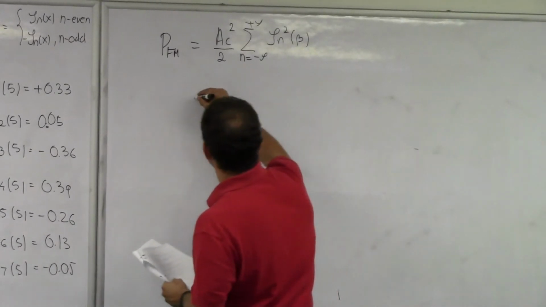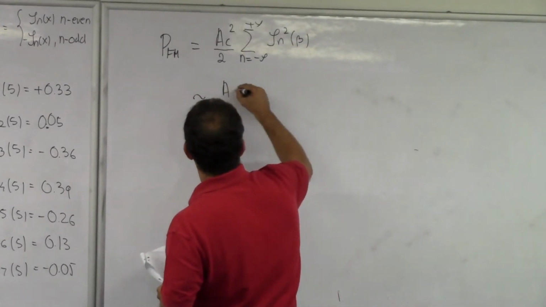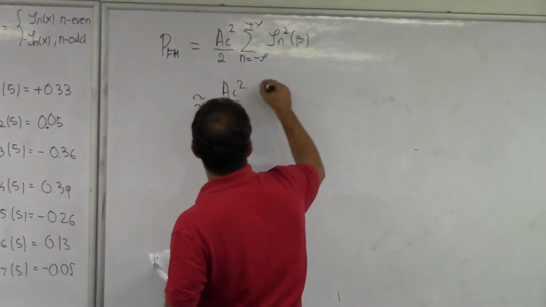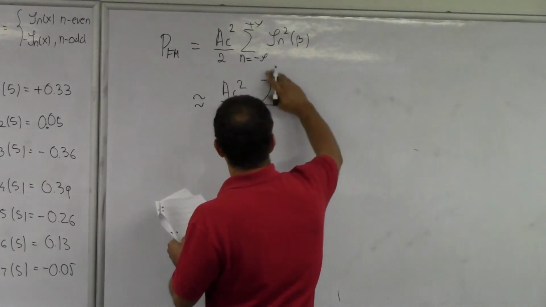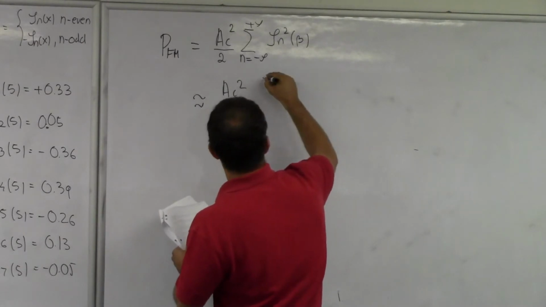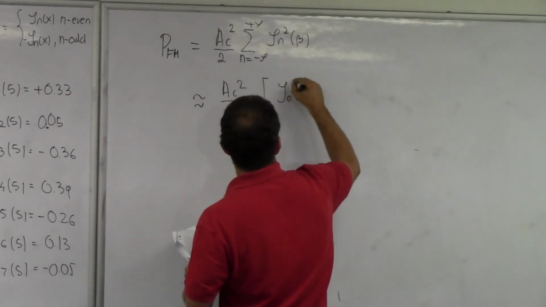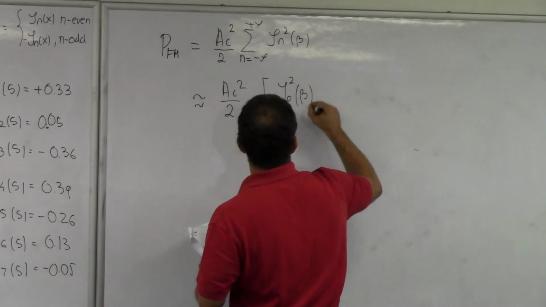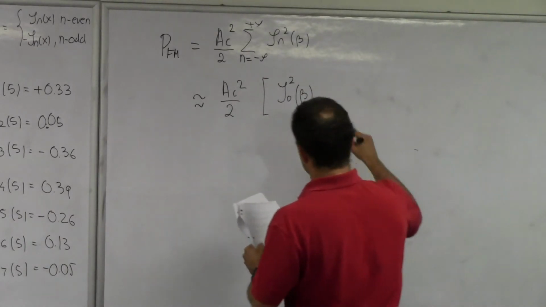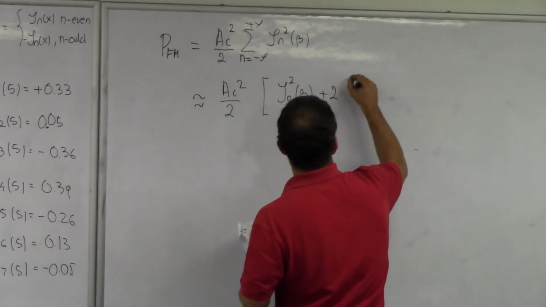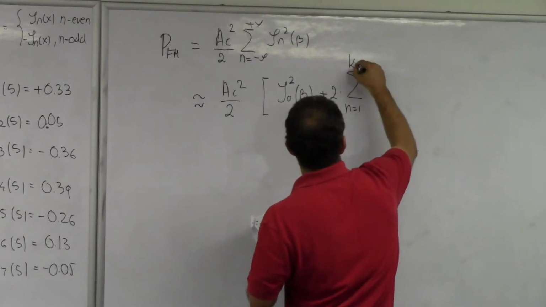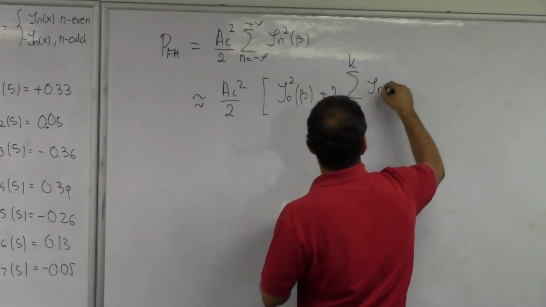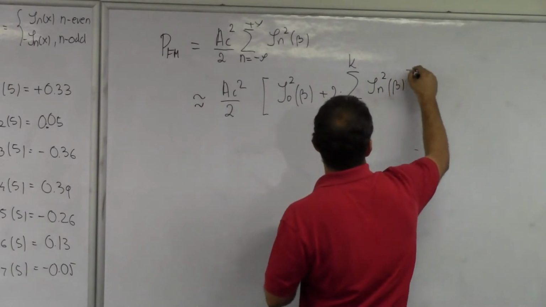But I can say that this is approximately Ac squared over 2 times J0 squared of beta, that's the carrier component, plus 2 times the sum, when n goes from 1 to some k, of Jn squared of beta.